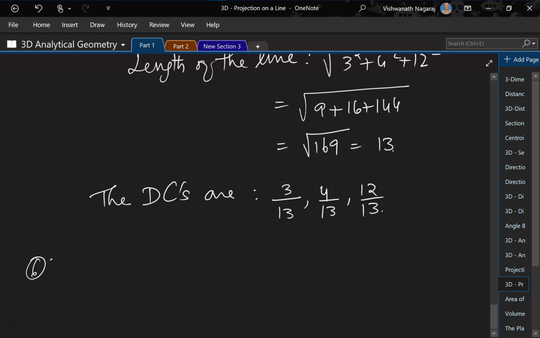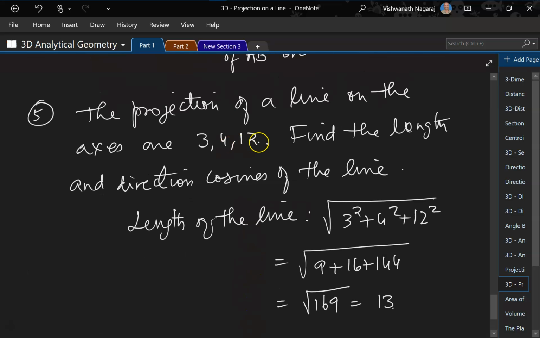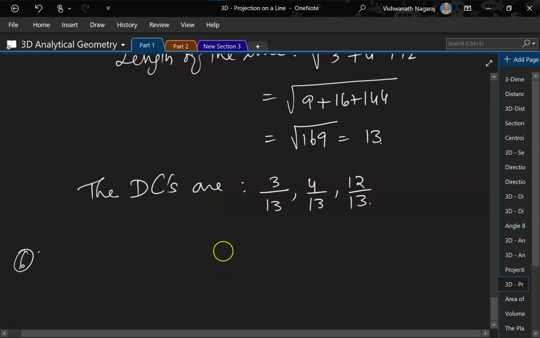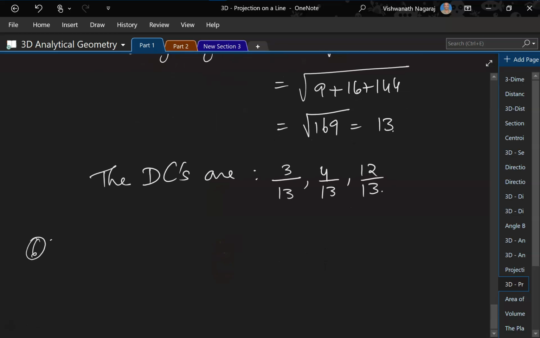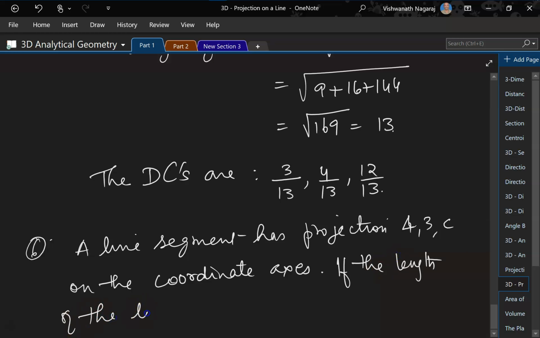Now the sixth one. Same as before, right? If the coordinates are different from 3, 4, 12, just do it accordingly. So let's take another type of question. A line segment has projections 4, 3, c on the coordinate axes. If the length of the line segment is square root of 29, find c.